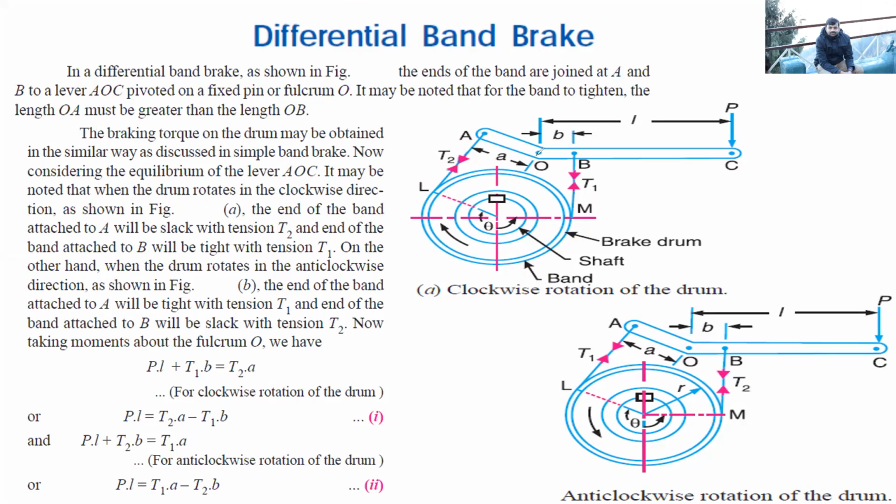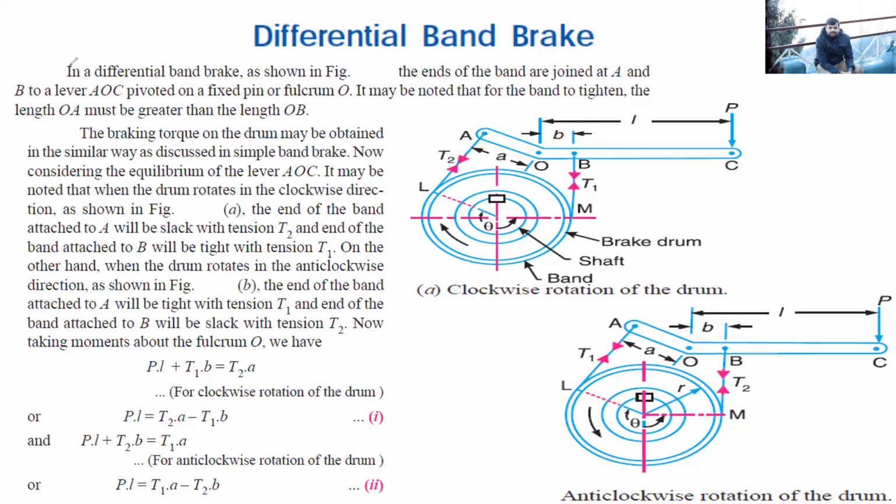All right, so this is the extra portion which is added, and again the fulcrum point is O only. Okay, so it can move something like this, or it can move something like this. Okay, so it will be pivoting about this point O itself.